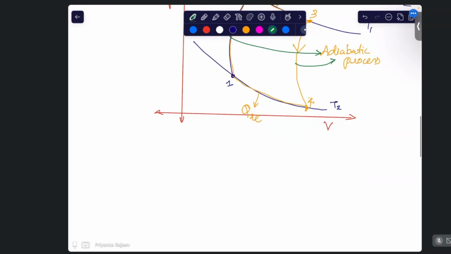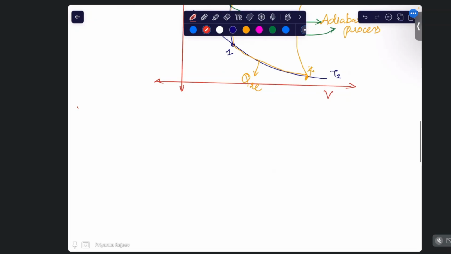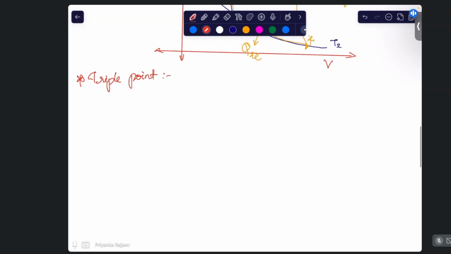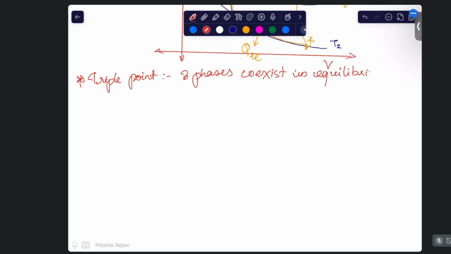Now, triple point. Triple point is the state at which all three phases coexist in equilibrium. Then critical point.